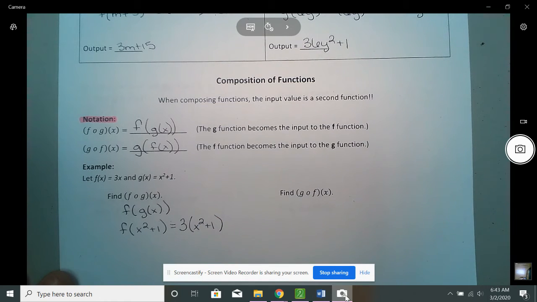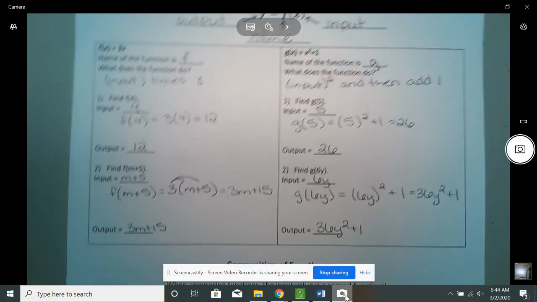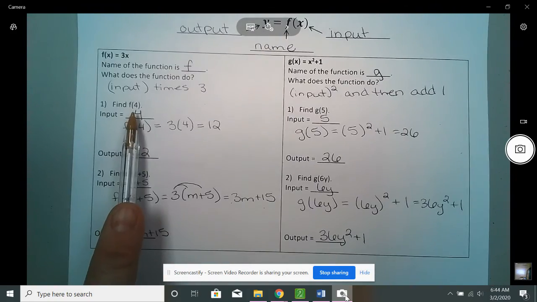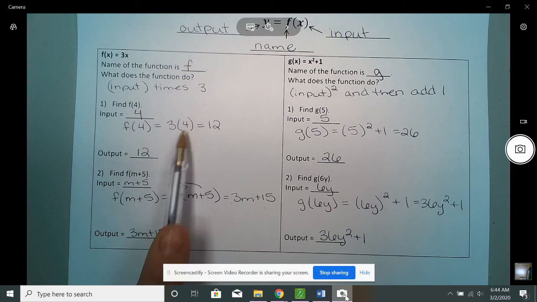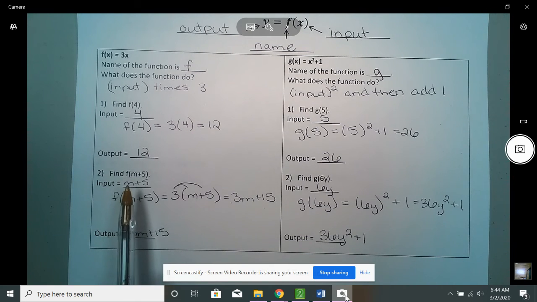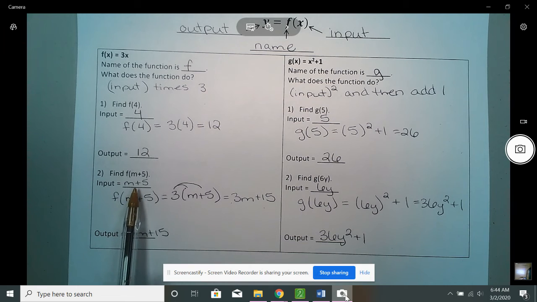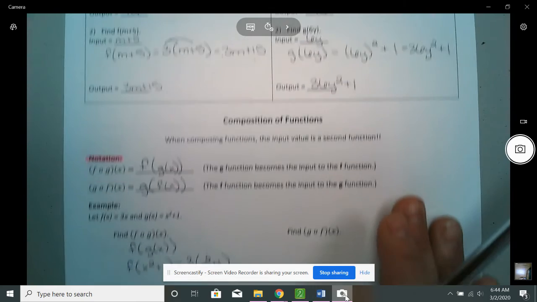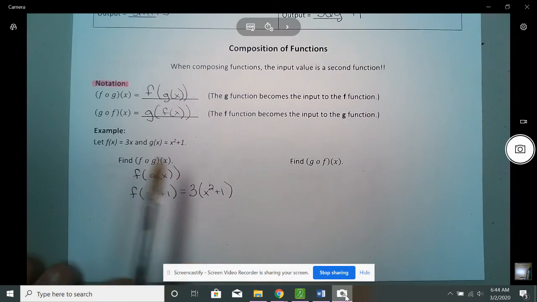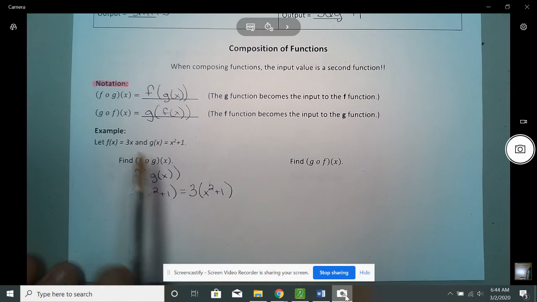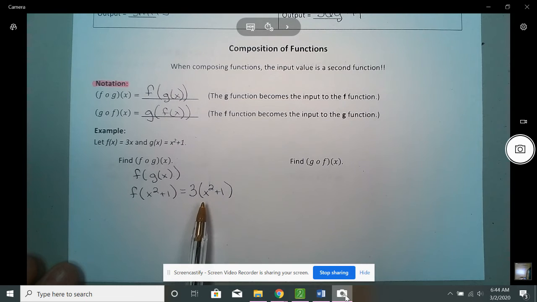So just like above, we were replacing the x with whatever the input value is. In example 1, we replaced it with the number 4. In example 2, we replaced it with the expression m plus 5. In this example, we're replacing the x value with the g function x squared plus 1.